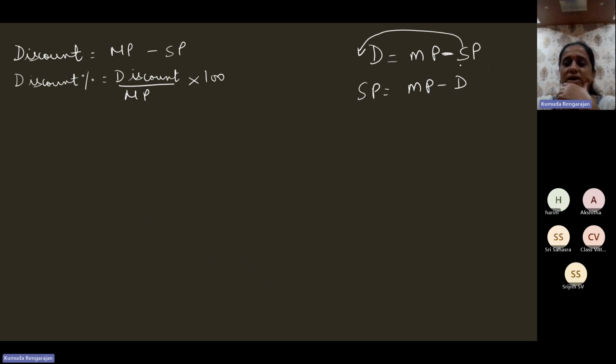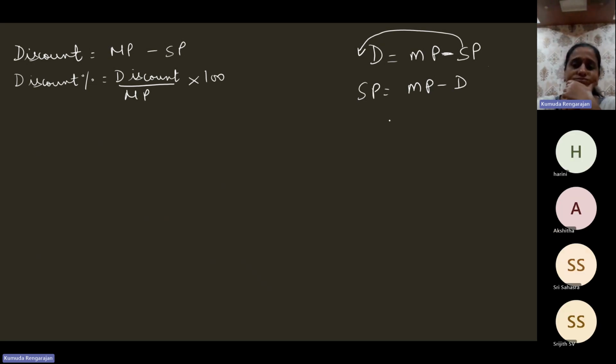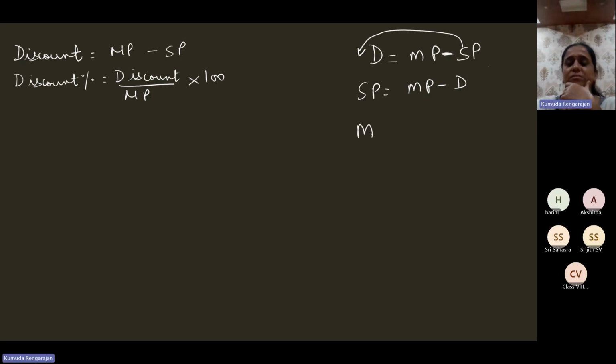This discount, when you take it to the other side, it will be minus discount. And if you want to find the mark price, it will be equal to the selling price plus the discount.